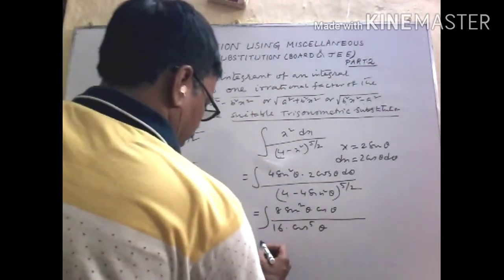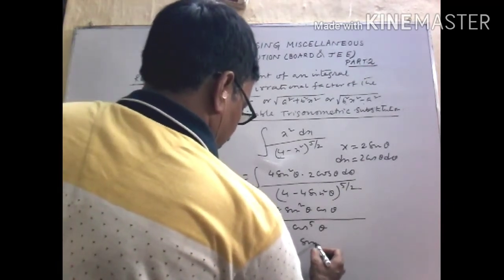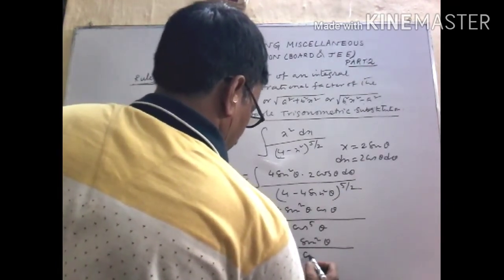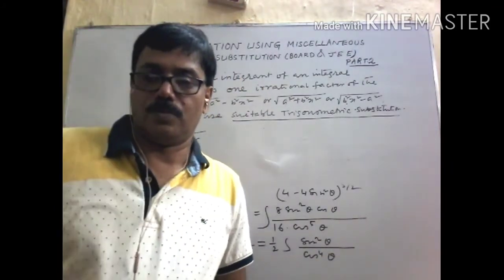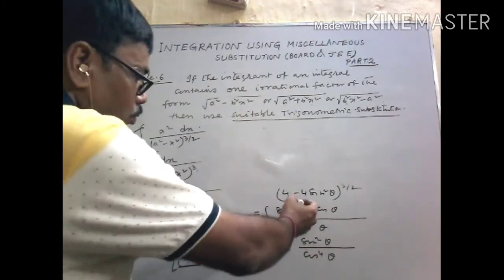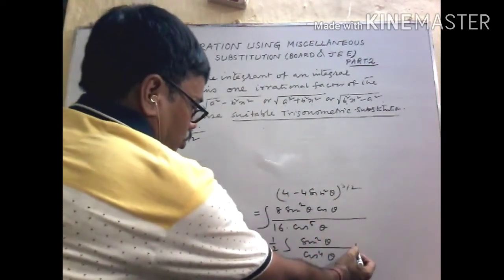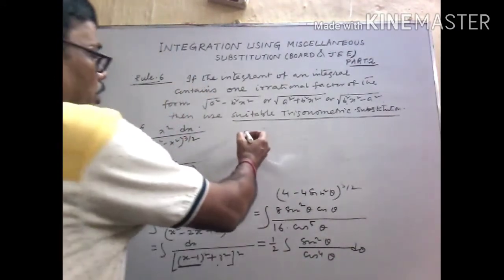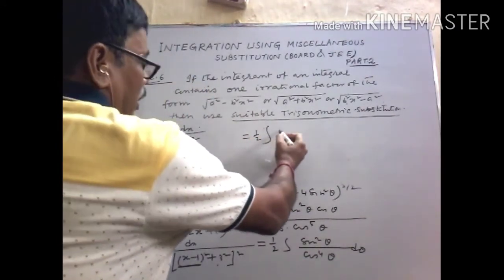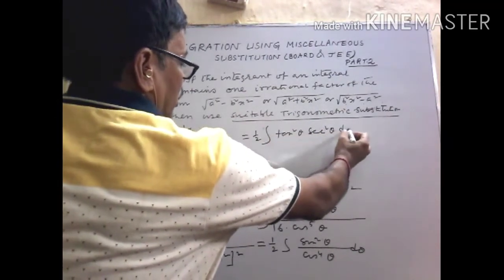After simplifying, we get half outside, sin square theta by cos to the power 4, this is 4 minus this. So half into sin square theta by cos to the power 4 theta d theta. So this one is half of tan square theta into sec square theta d theta.